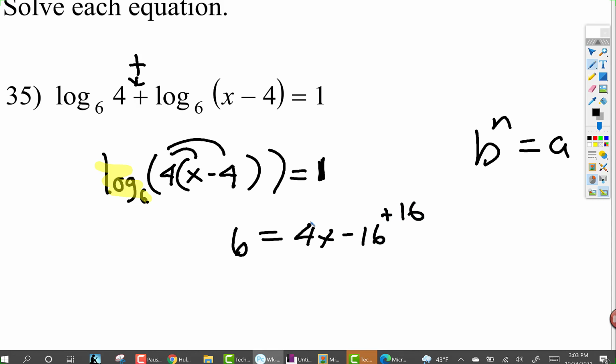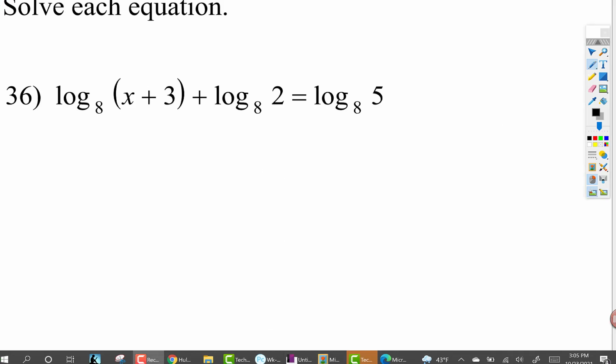It ends up being the same result. If you're using properties, that's how it should always work out. As long as you're using the correct properties, several methods will produce the same answer.